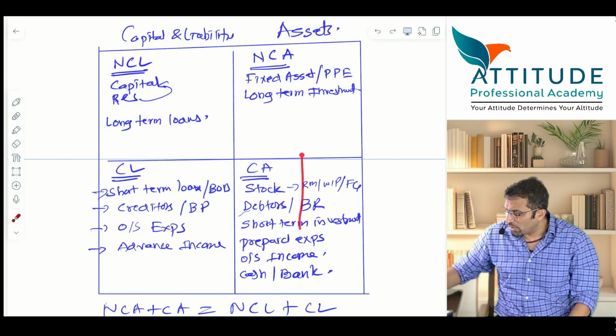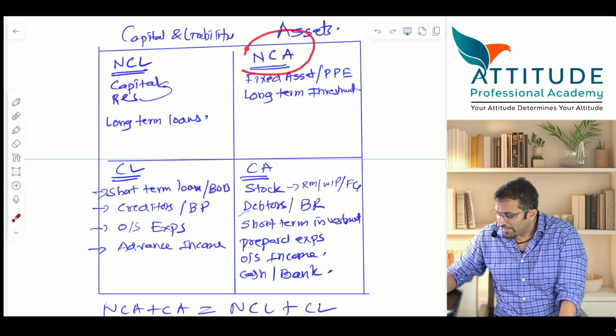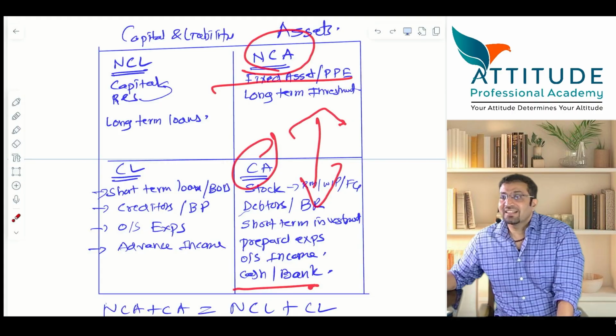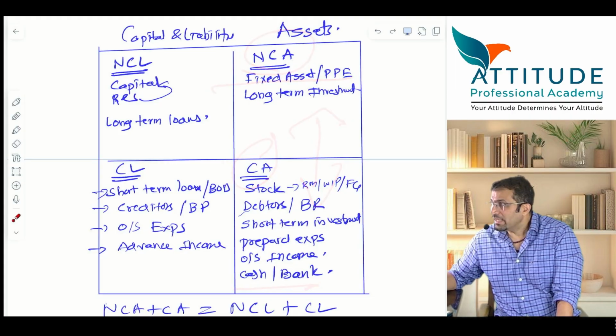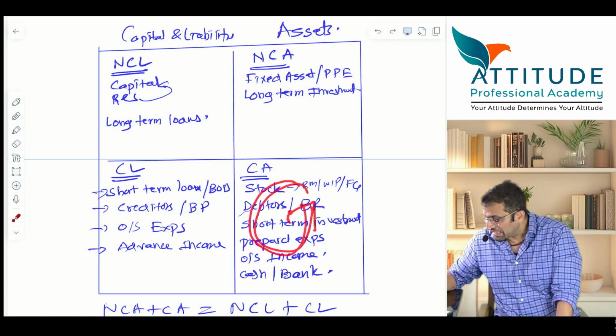Tell me an example involving these two. Tell me an example involving this and this. Purchased fixed assets for cash. Yes or no? Tell me an example which involves only current assets.